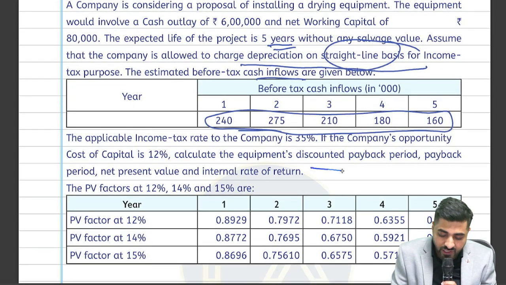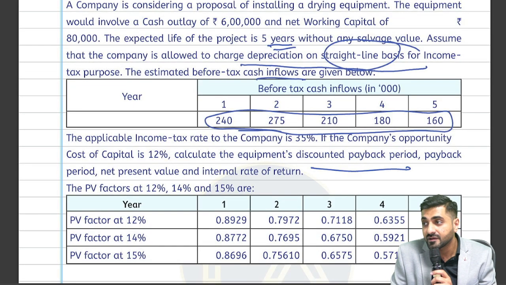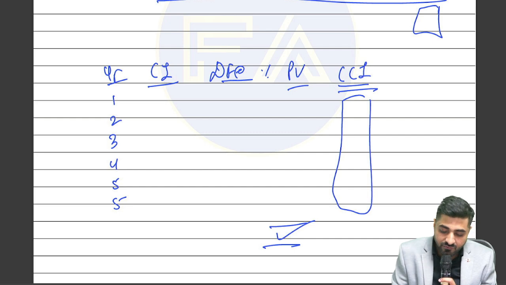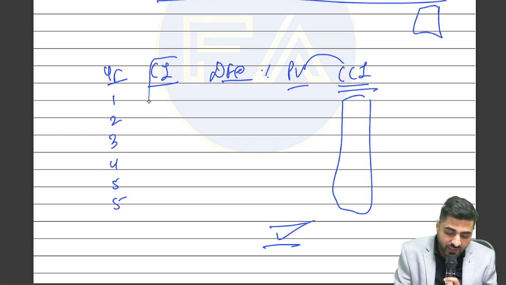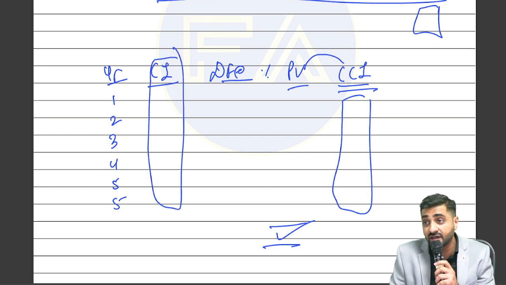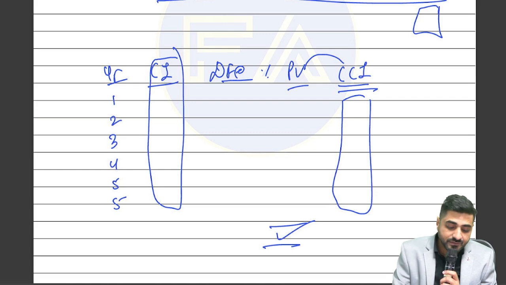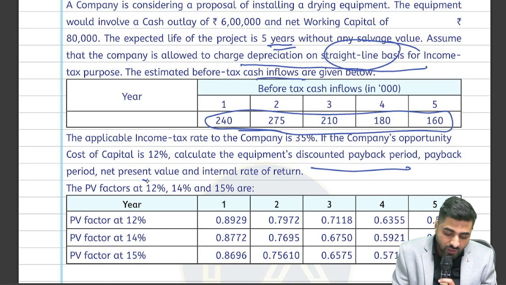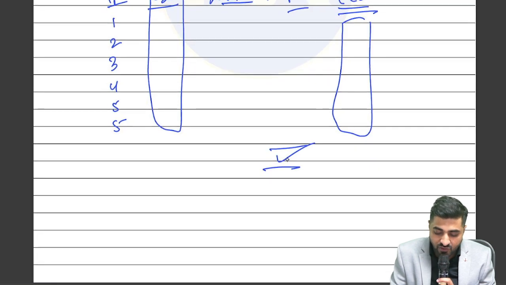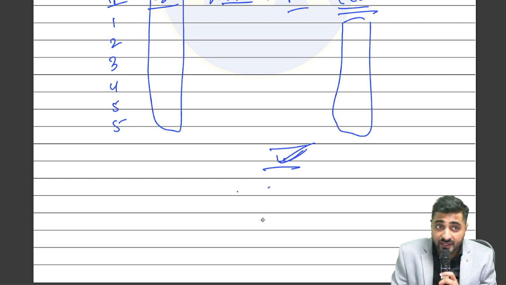You are required to calculate discounted payback. Then what should be the payback period? For the payback period, will I take cumulative cash inflows of present value, or cumulative cash inflows? Cash inflows. Then we are required to calculate NPV. Can I say this is the PV of CI which you have got? From this, what will you subtract, beta? PV of CO. So we'll get the NPV.